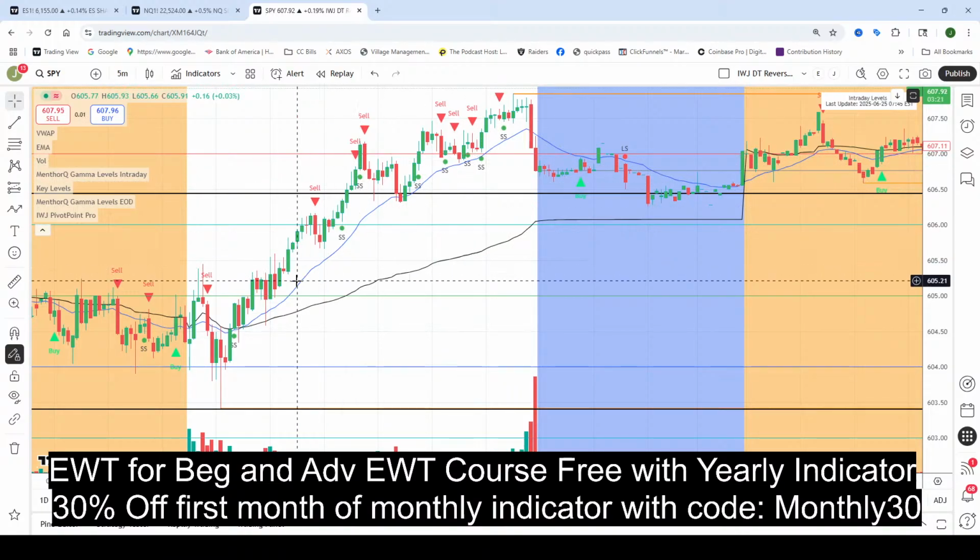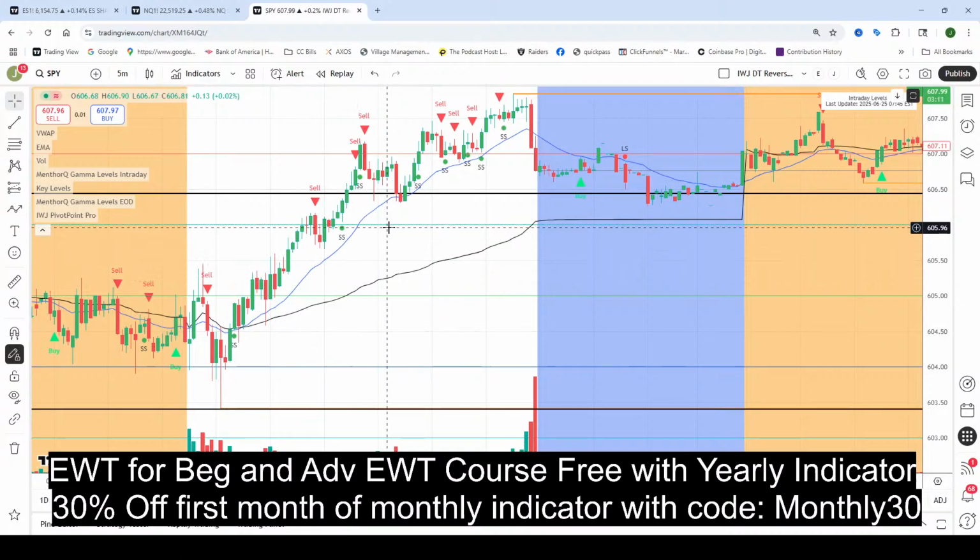What it's doing is playing probabilities. If you think of flipping a coin, that's a 50-50 proposition. Over time, you're going to win 50% of the time and lose 50% of the time. It's the law of large numbers. Well, the indicator's looking for edges like 60, 70%, like I talked about earlier.